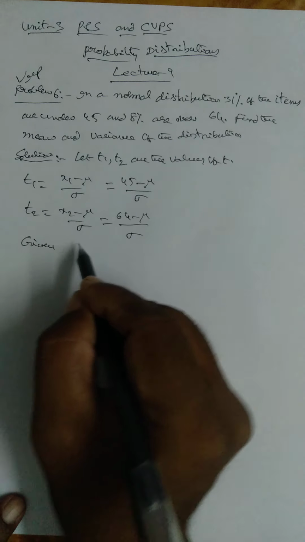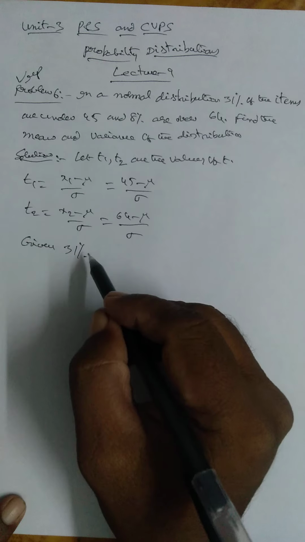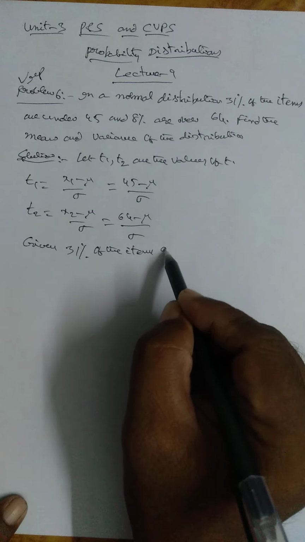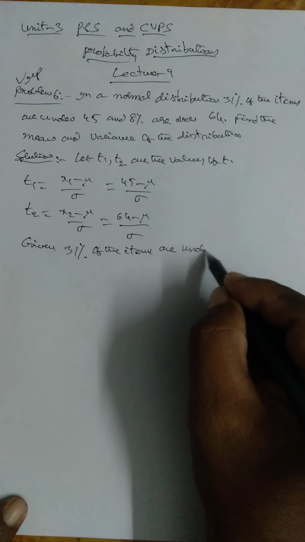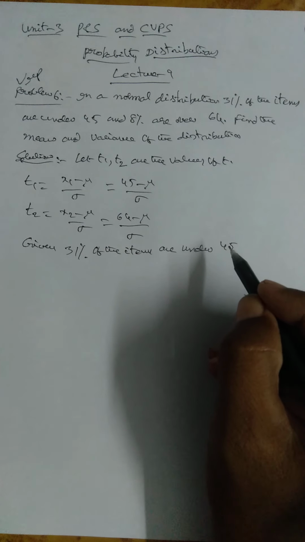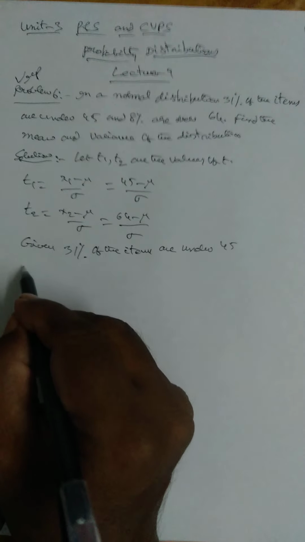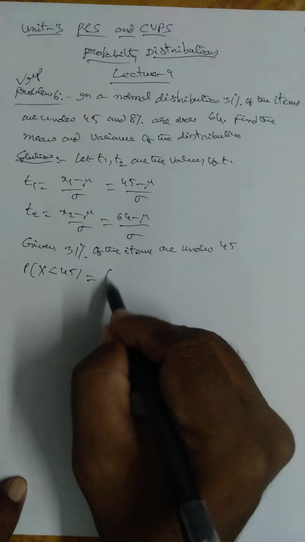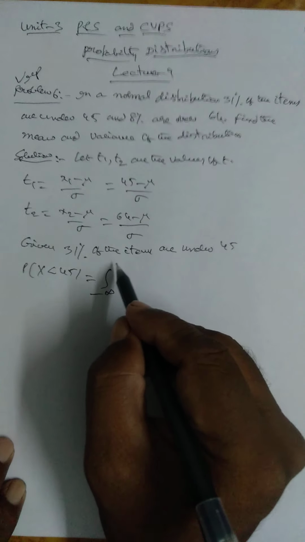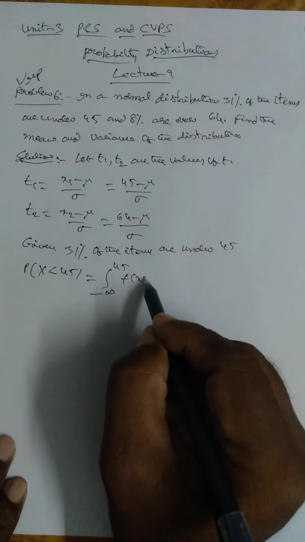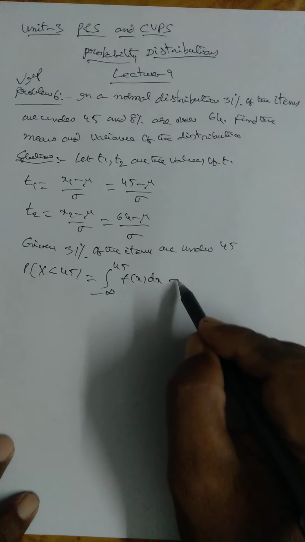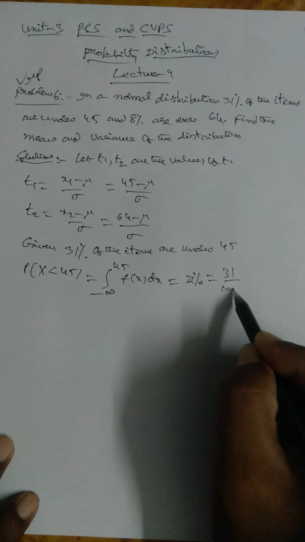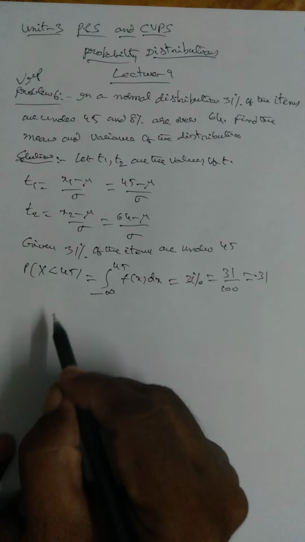Given 31% of the items are under 45. So P(x less than 45) is equal to the integral from minus infinity to 45 of f(x) dx, which is equal to 31%, 31 by 100, 0.31.